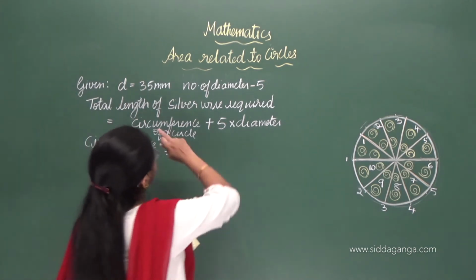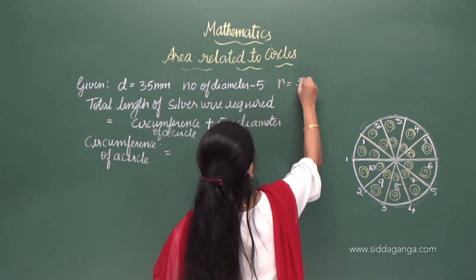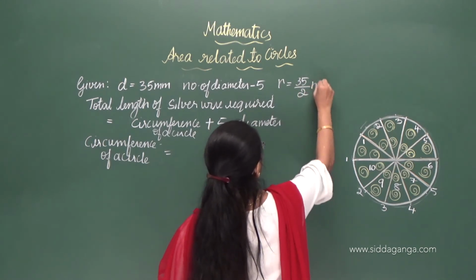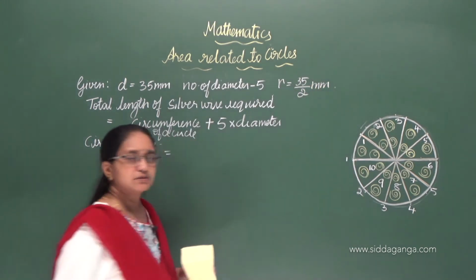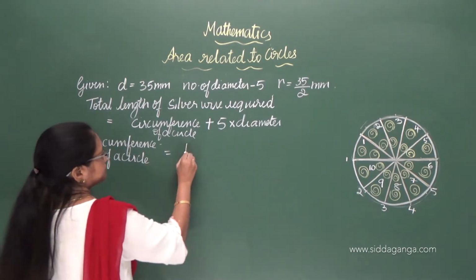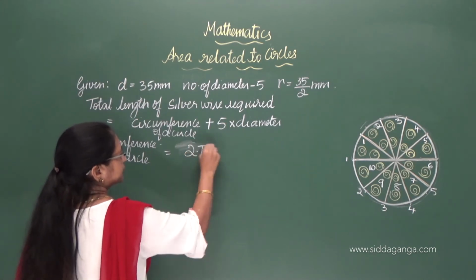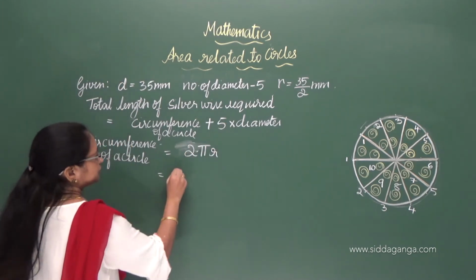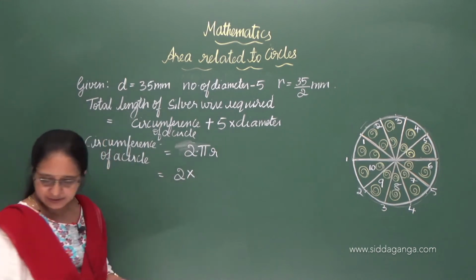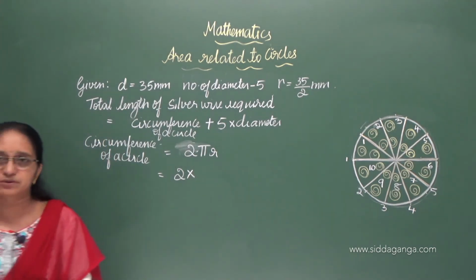Okay, for that we need the radius. R is equal to 35 by 2 millimeter. So 2 pi r. So 2 into, here they have asked you to use 22 by 7.